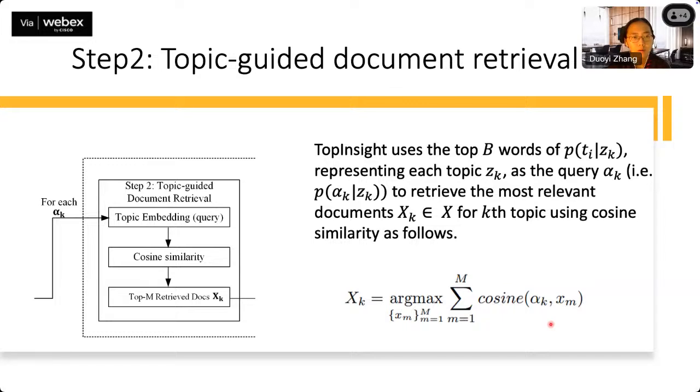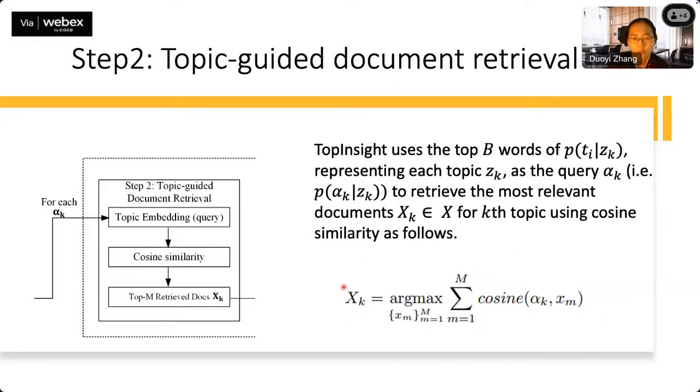Step 2 is topic-guided document retrieval. TopInsight uses the top B words of Ti given ZK. Here is the generated word distribution, and we use the top words representing each topic ZK as the query alpha K, to retrieve the most relevant documents for each topic using cosine similarity as follows.